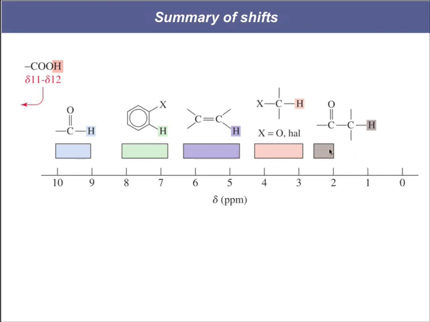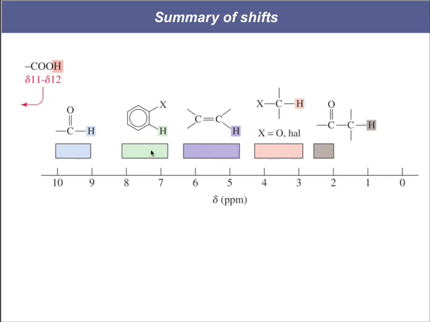From 2 to 2.5, we'll typically see hydrogens on carbons adjacent to carbonyls. From 3 to 4, we'll see hydrogens on carbon next to oxygens and halogens. From 5 to 6, we'll see our vinyl hydrogens, so hydrogens that are on a vinyl group, a carbon-carbon double bond.